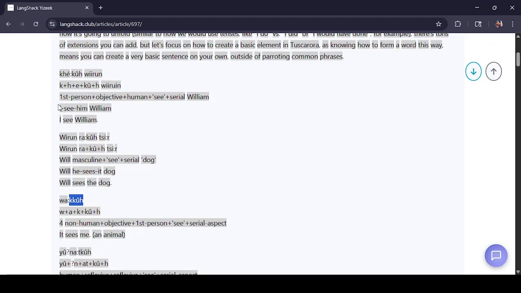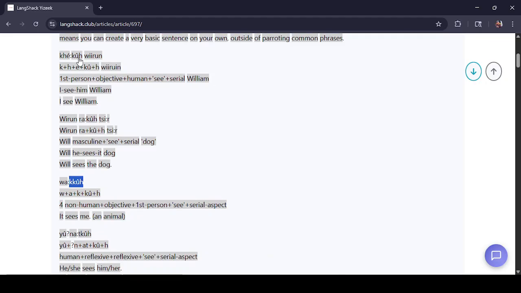Or if there's a feminine, I don't think it matters here. I'd have to see. But essentially, if you have an animal or a flower or some kind of entity that doesn't have gender, then you can use wa, and wa essentially is that animal, that entity.